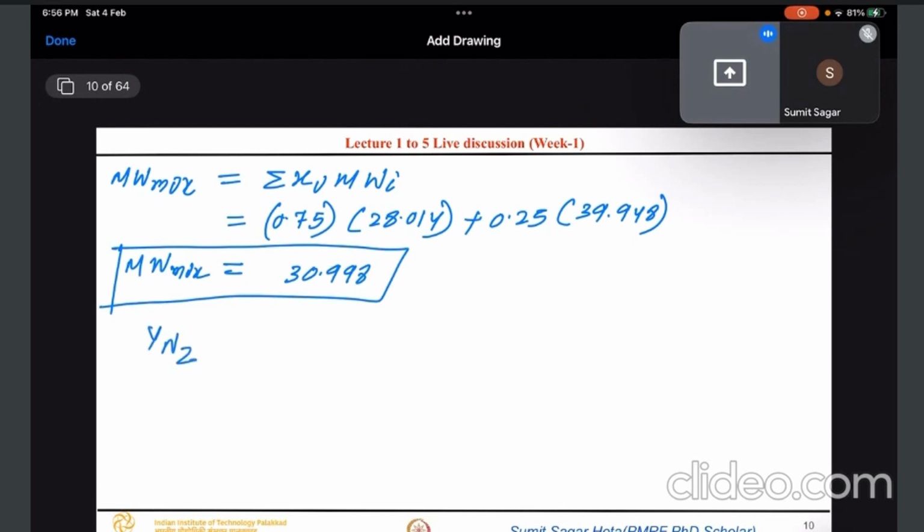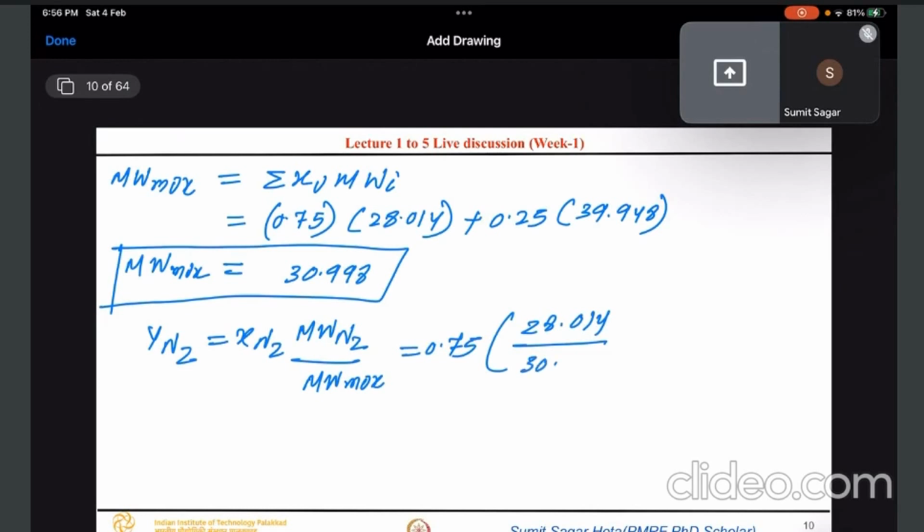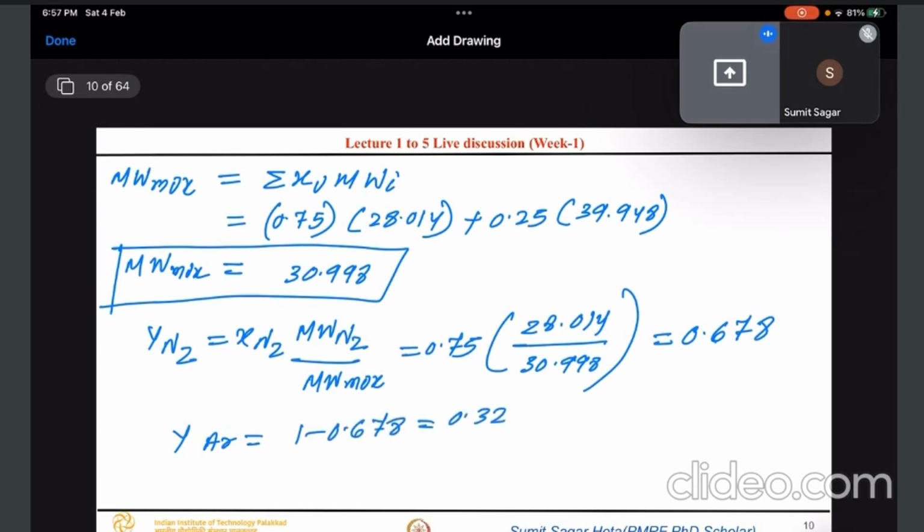Then we calculate Y of N2. I told you already what things we need to calculate. Similarly, Y of Ar is equal to 1 minus 0.678, which is equal to 0.322.